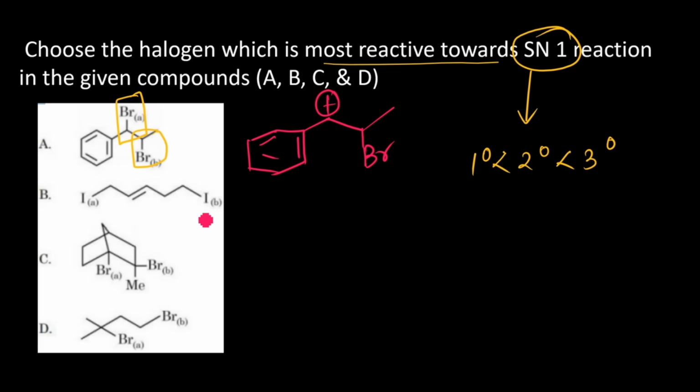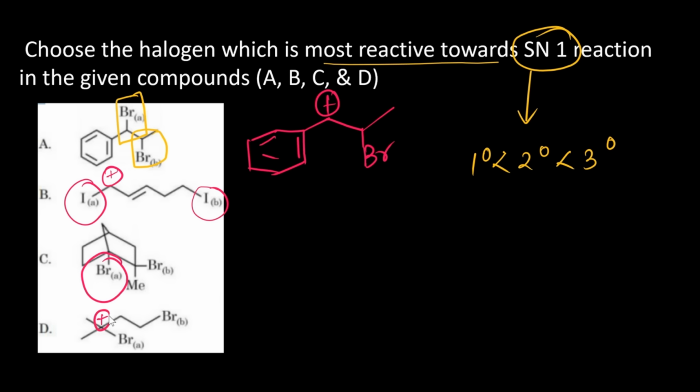And what about B? In B, I have two iodides. If the positive charge forms over here, then that will also get stabilized by the conjugation part. Then what about this bridged compound? In a bridged compound, we can't remove the Br from the bridgehead position because of Bredt's rule, right? And what about D?